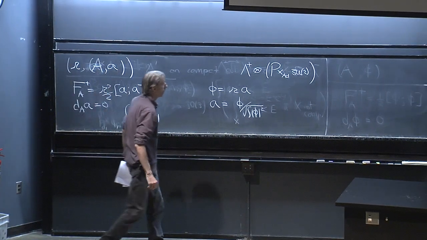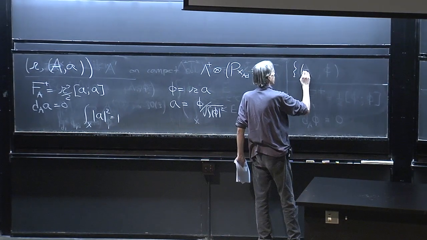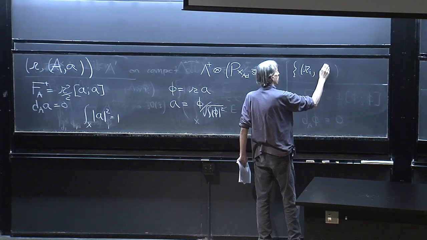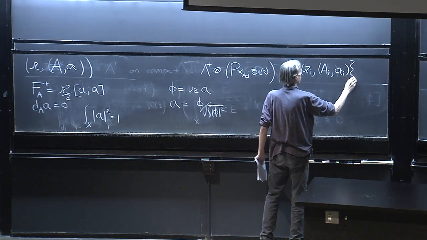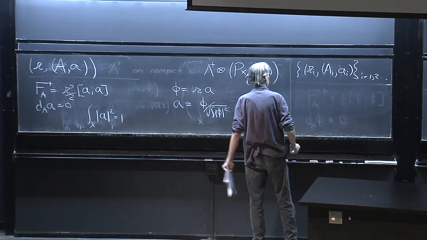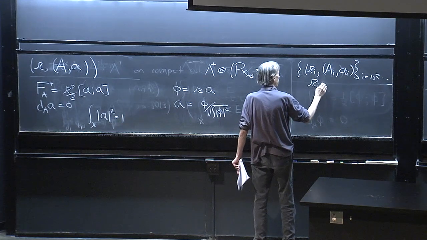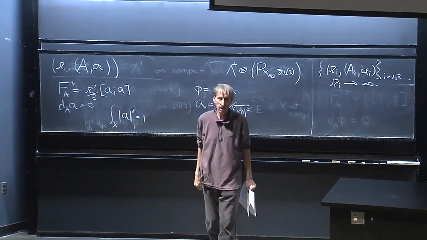So the question is, what happens? So we have now a sequence of R's, A's, and little a Higgs fields. They satisfy those equations, and I assume that the R's diverge. And now the question is, what happens?